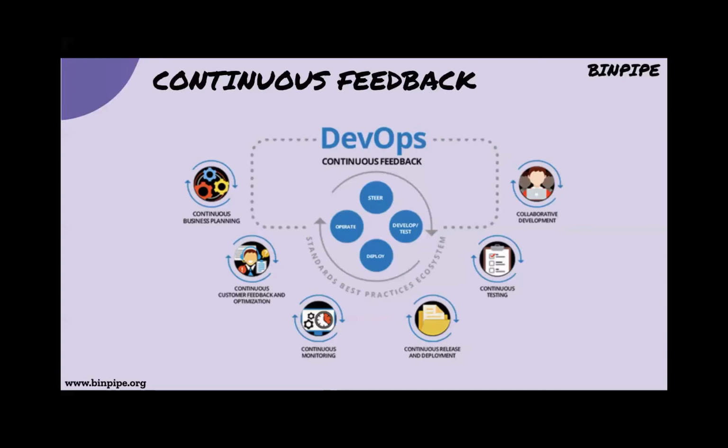But the thing we are discussing now is, for each of these phases, the success or the failure is immediately reported to the stakeholders. For example, if the user starts building the software and the build fails. He writes some code and there is a syntax error or some bug in the code that is preventing it from getting built into that jar file, and it is throwing some error.